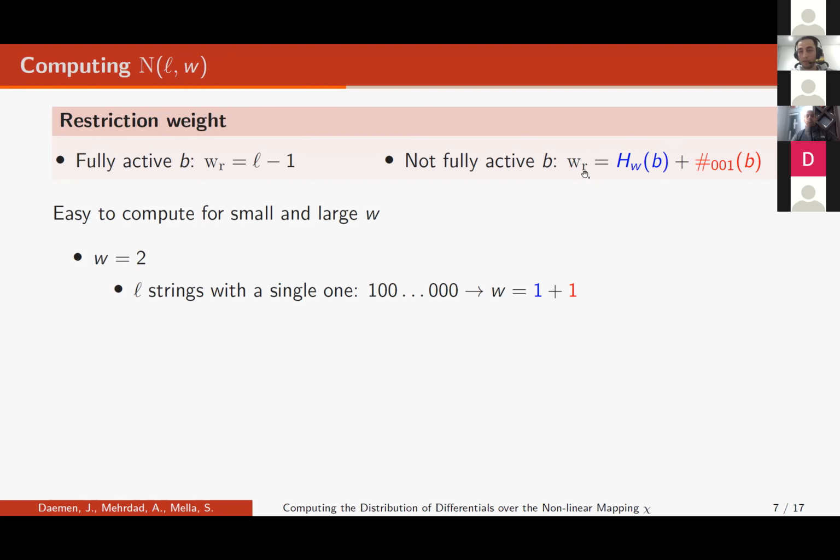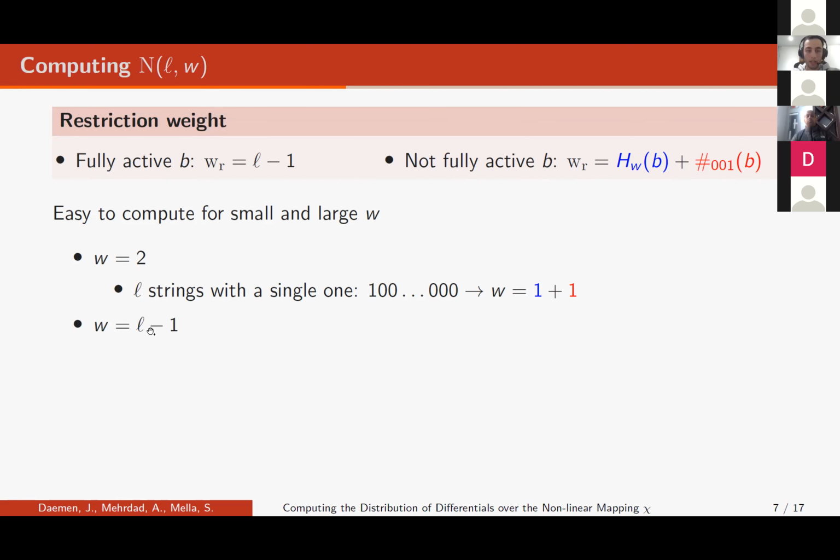Because it's not fully active, we should use this formula. So it is one active bit plus one 001 string, and all in all, we have weight equal to 2. Since we just want to choose one position among L positions, the number of such strings is equal to L.